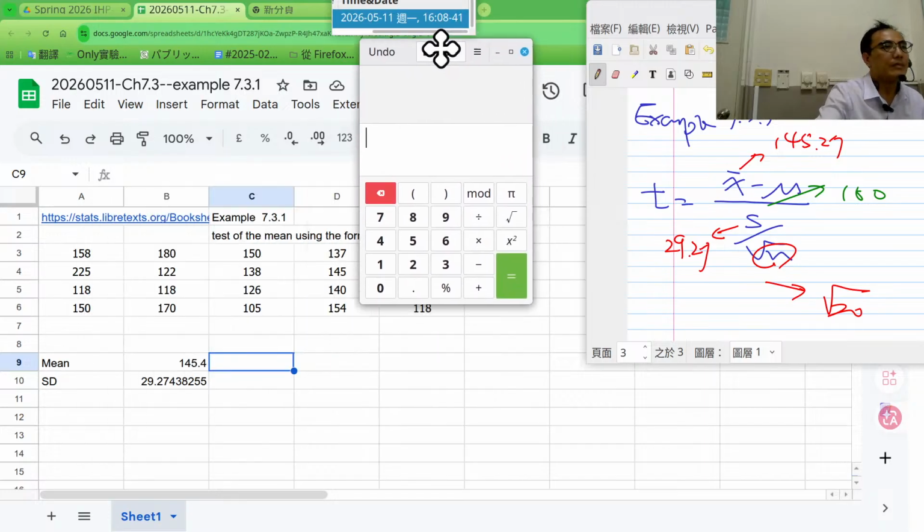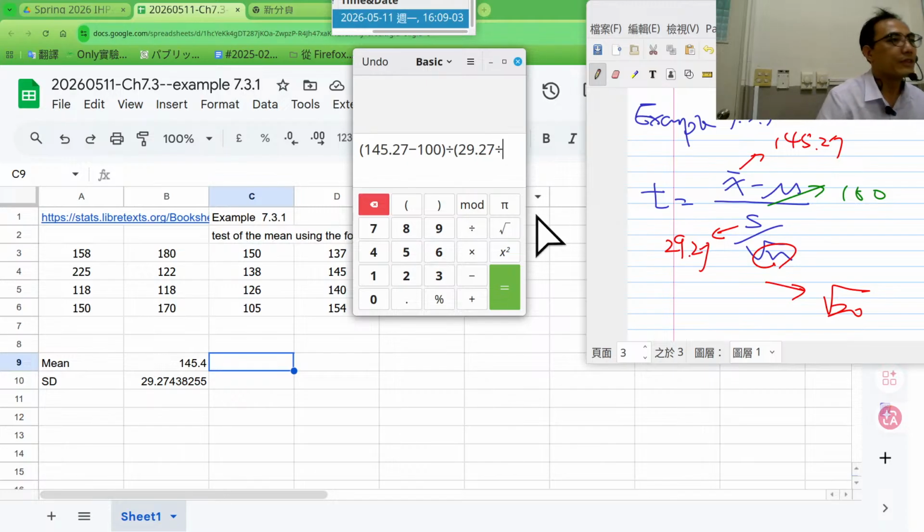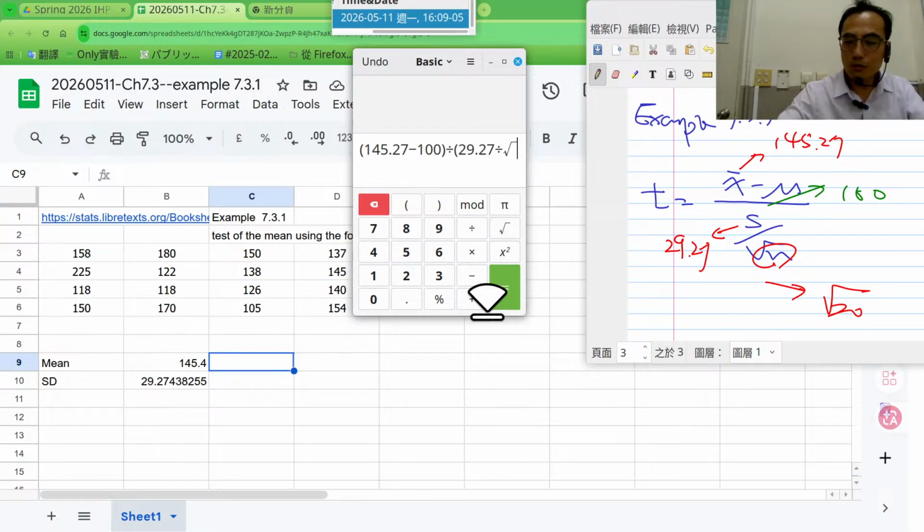Here, 145.27 minus 100, divided by 29.27 divided by square root of 20.